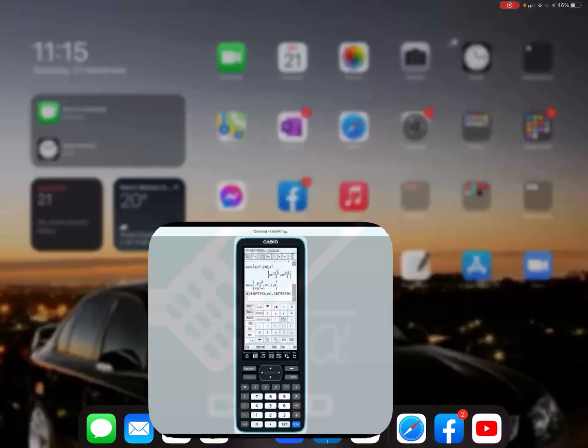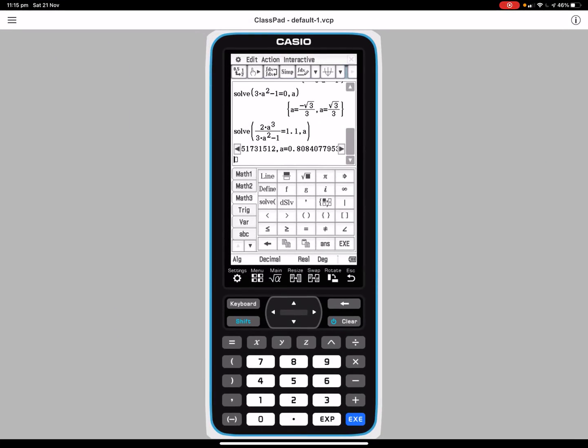Is that right? Did I miss any? Okay, so there's three values where it equals 1.1.